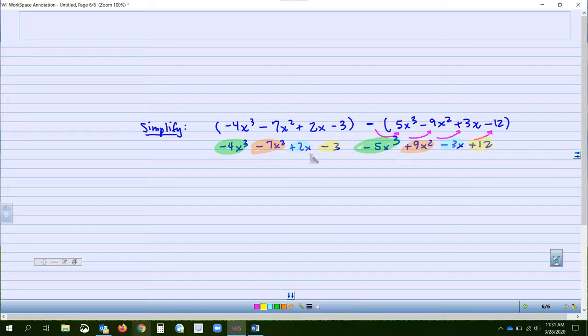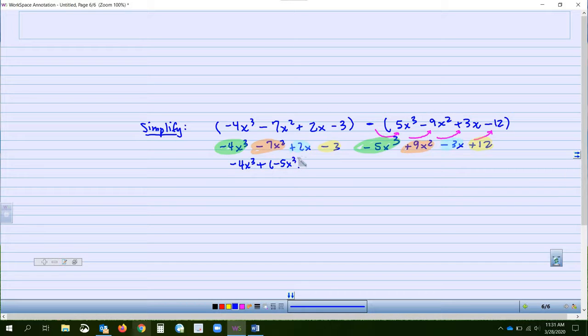These are operations, not signs, except on the first one, but we can treat them as if they're signs, making sure that we do the simplification correctly. So what am I going to get here? I'm going to get negative 4x cubed plus negative 5x cubed.